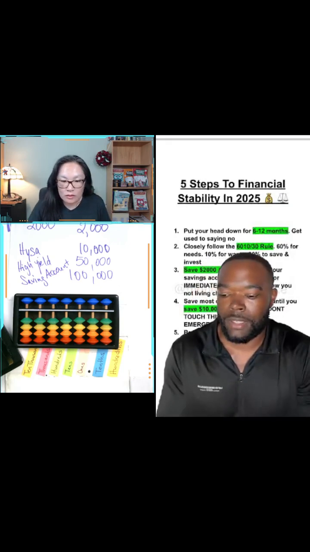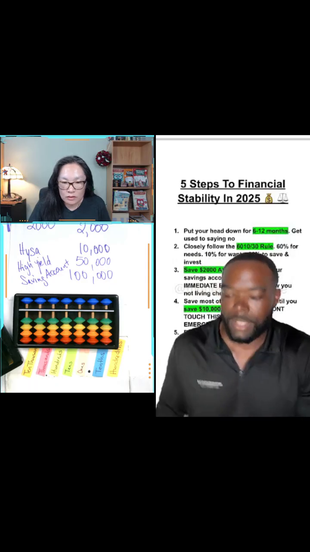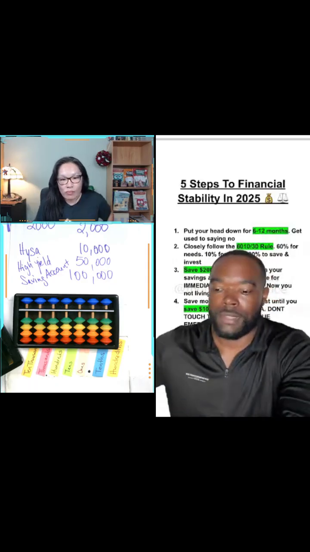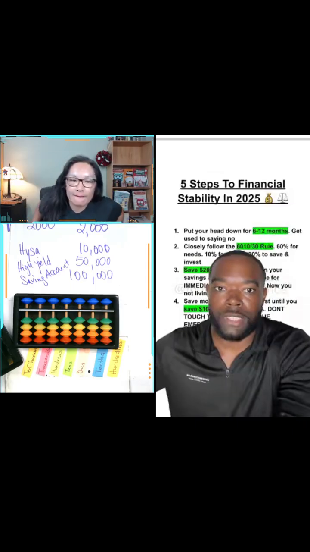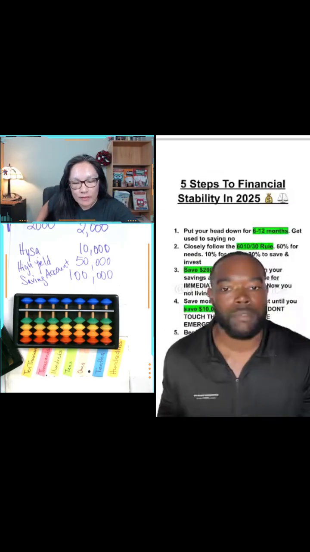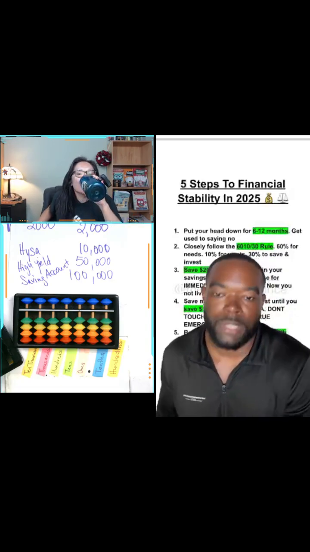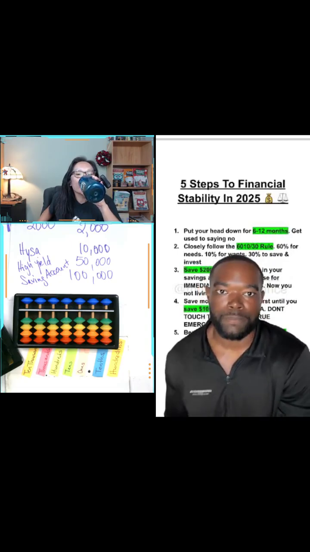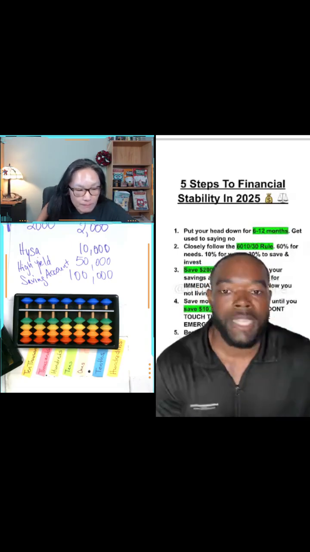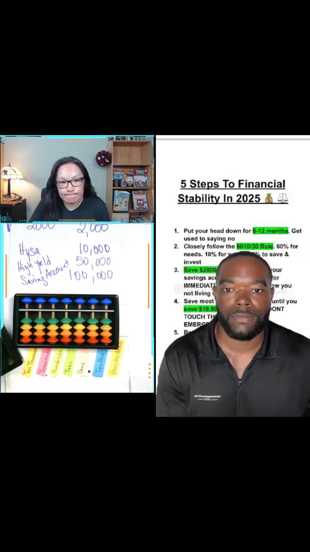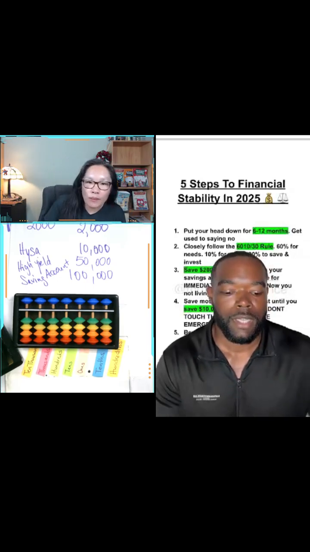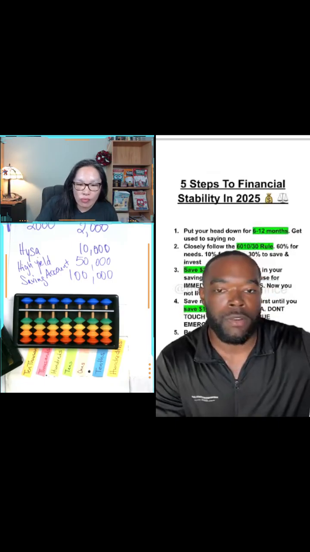So what does that look like numbers wise? In a regular savings account, what you can earn is maybe 0.04%, 0.4%, maybe up to 1%. In a high yield savings account, you can earn right now anywhere between 3 to 5%.